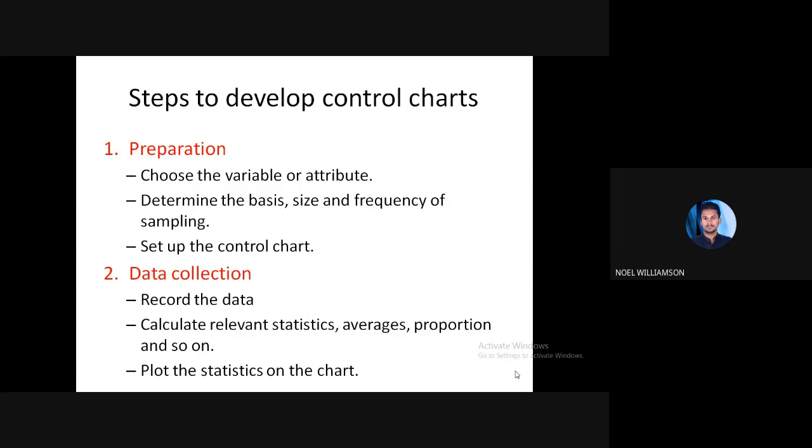Then calculate the relevant statistics, average, proportion and so on. So based on the available data, we have to calculate the relevant statistics, that is mean, average, proportions and all.